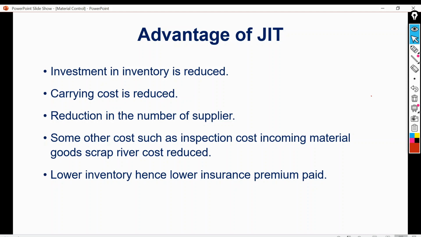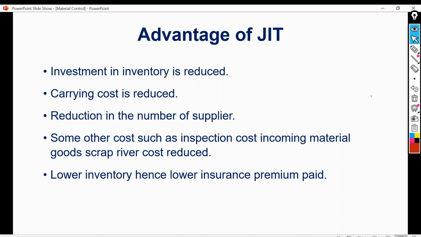Lower inventory, hence lower insurance premium paid. Under just in time, all material comes into the production unit whenever required, and there is no provision for storage and carrying of any material, hence investment in inventory is reduced.